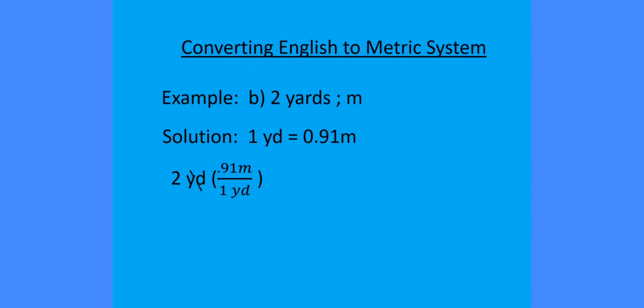Then cancel the unit, yards. Then multiply 2 and 0.91. Then copy the remaining unit, which is meter. Then over 1. Then multiply the numerator. The result is 1.82 meters. The denominator 1 becomes imaginary.